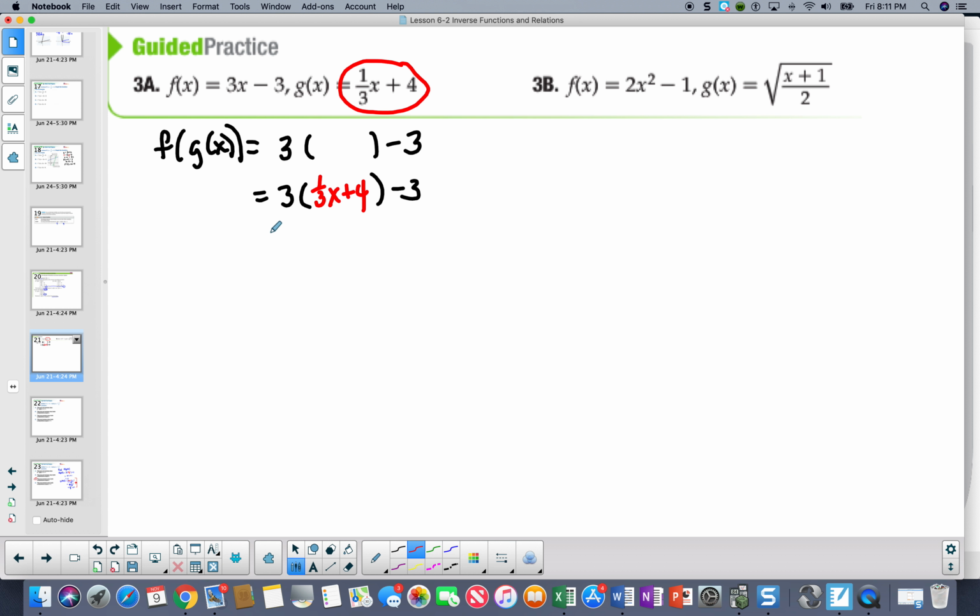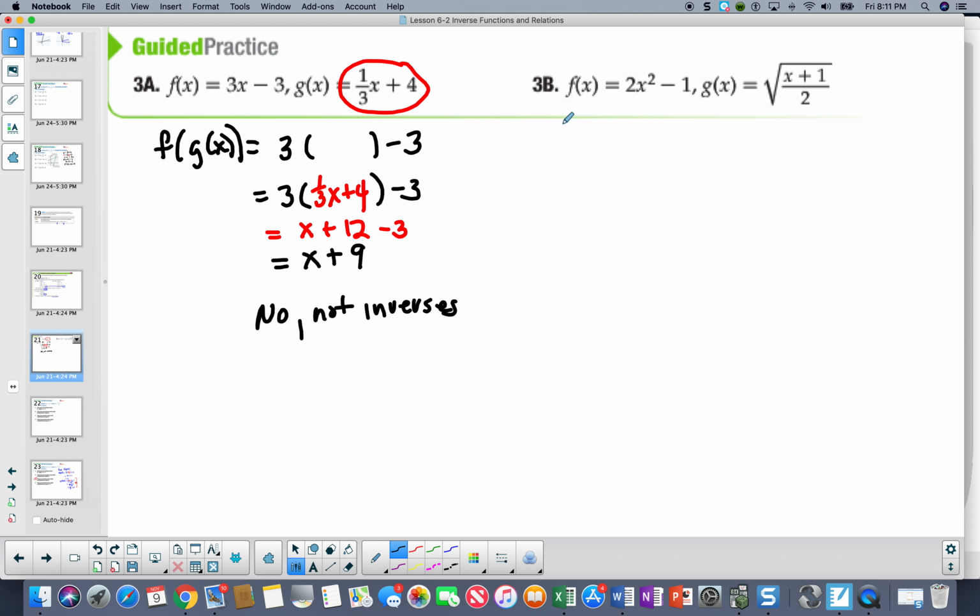I'm going to go back and simplify. So this is x plus 12 minus 3. And I am going to get x plus 9. Okay, so that looks like it doesn't work. No, not inverses, because I didn't get an x in there.